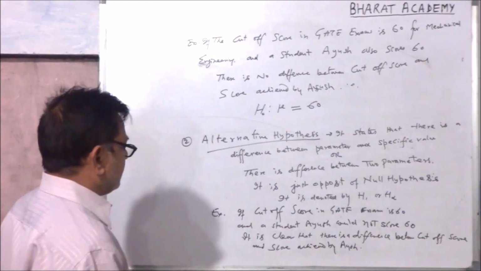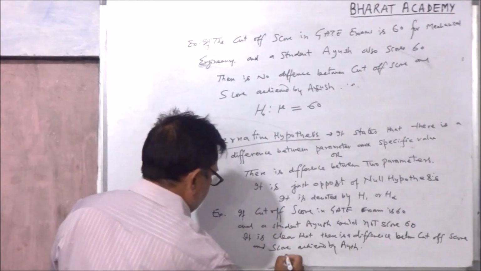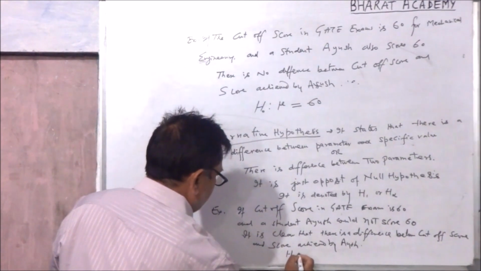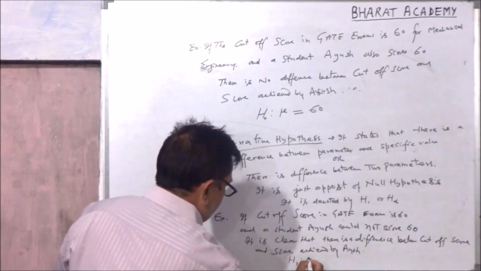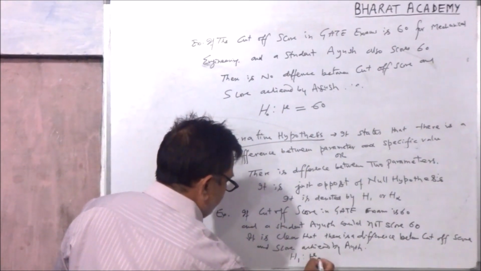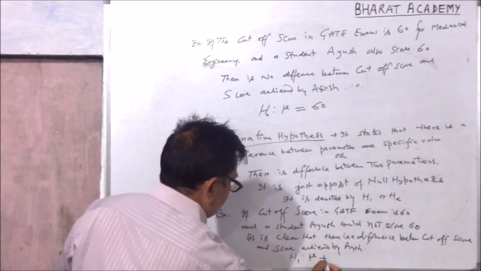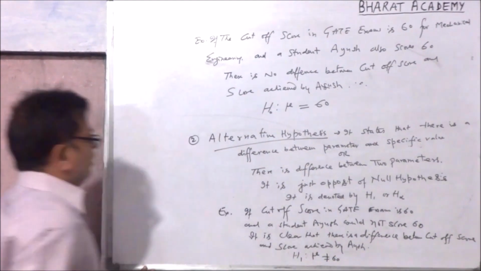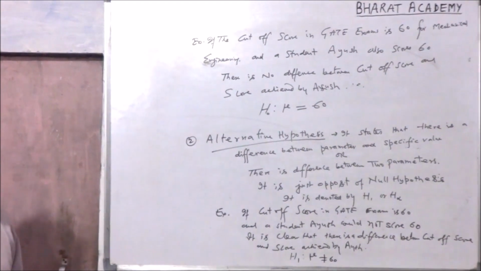So we can write it like this: the alternative hypothesis H1 is mu, population mean, is not equal to 60.